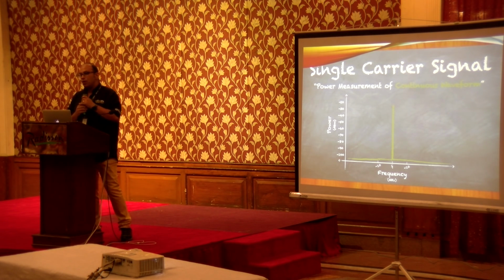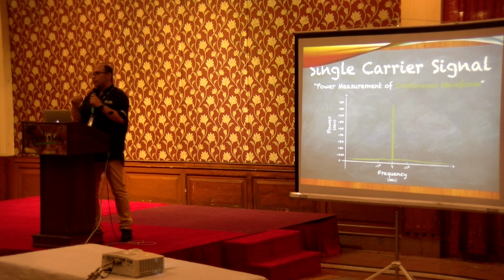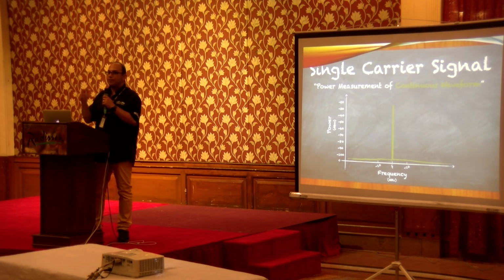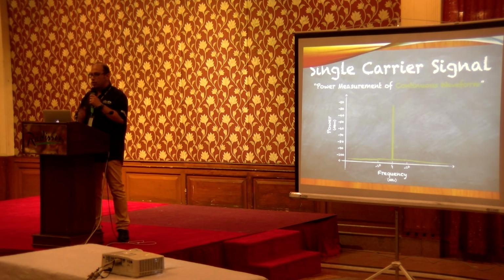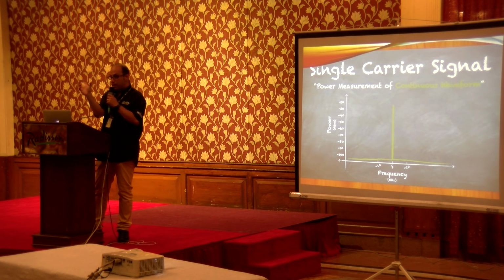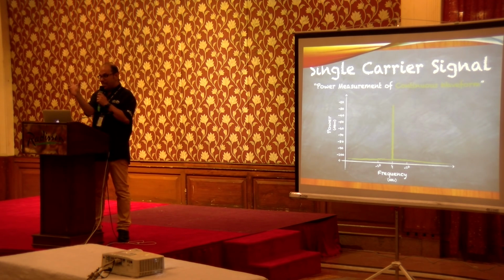For example, you have selected 5550. Your signal is 5550, and your channel is 20 megahertz. So your channel is wide from 5540 to 5560, and 5550 is in the middle.